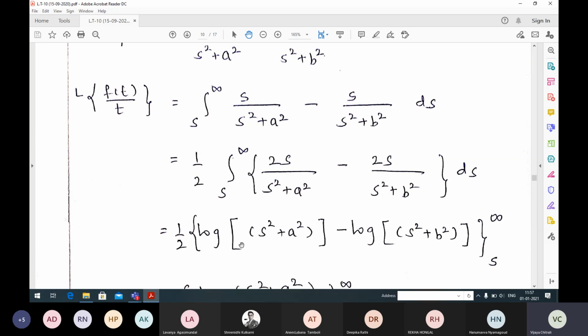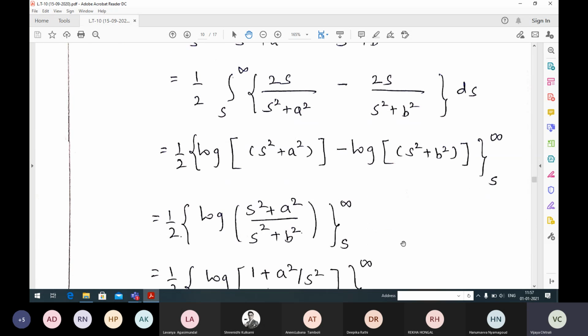So this is nothing but log s square plus a square, and this is nothing but log s square plus b square. Limits vary from s to infinity. So log m by n. So 1 by 2 log s square plus a square divided by s square plus b square. Limits s to infinity. So infinity term is there.